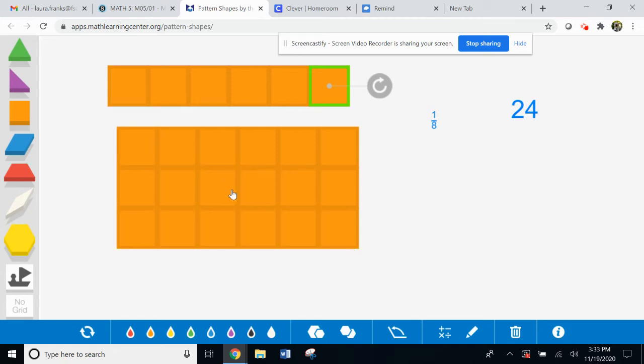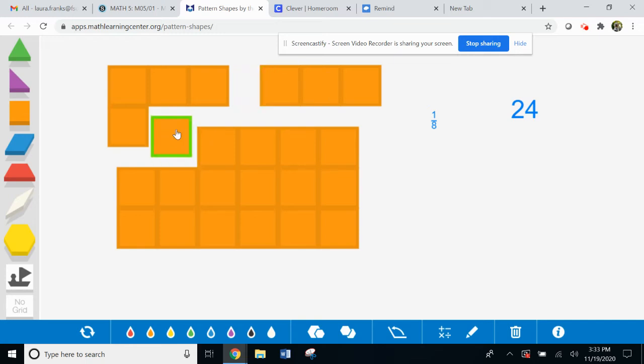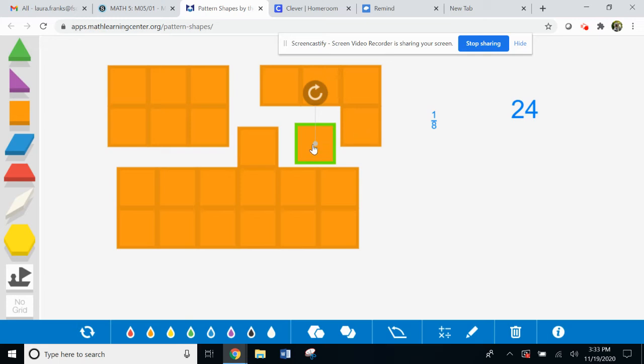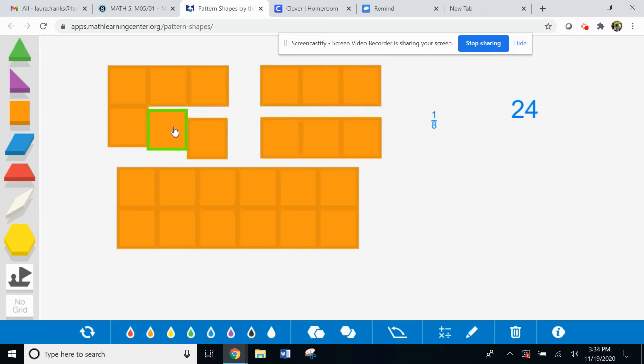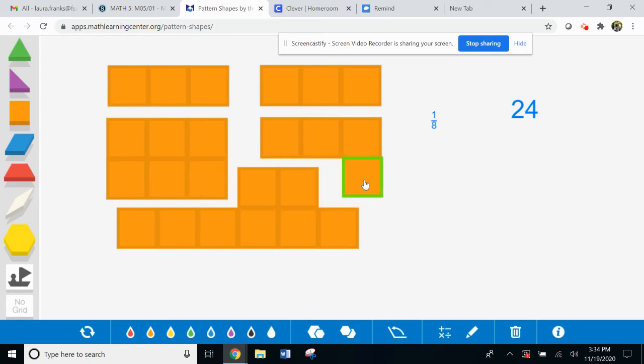So I know if I had 4 equal groups, then I had 6 in each group. I know 8 is a double of 4. So that tells me if I split up this row of 6 and cut it in half, that I should be able to find an 8th, because an 8th is a half of a 4th.